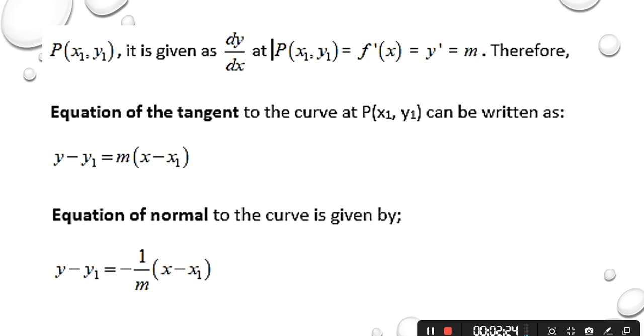We notice the difference: the slope, the first derivative, is for the tangent, and the negative reciprocal of that slope is for the normal line.